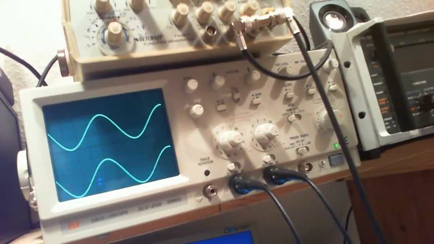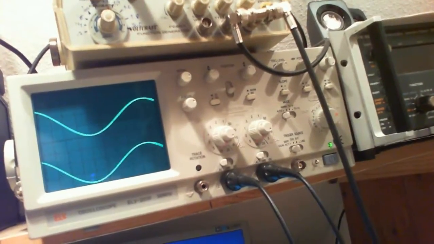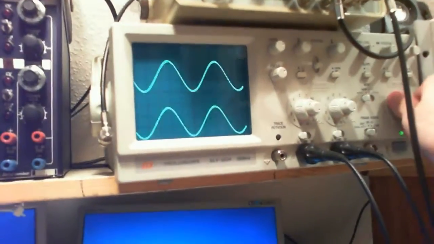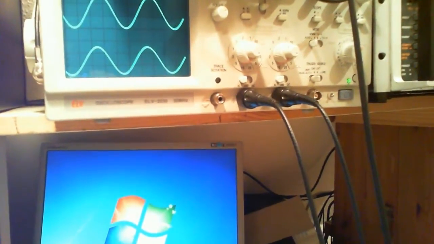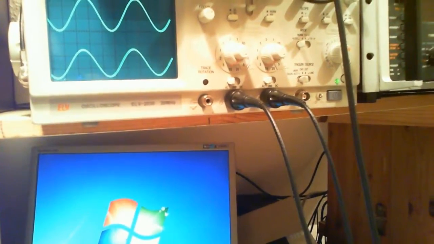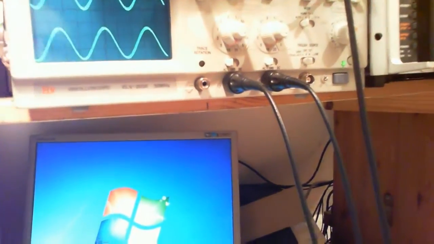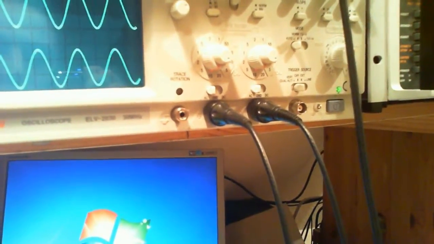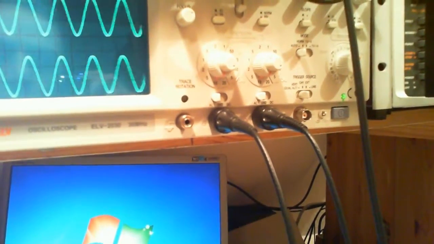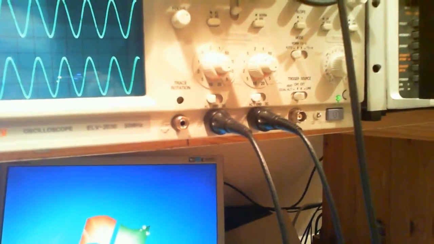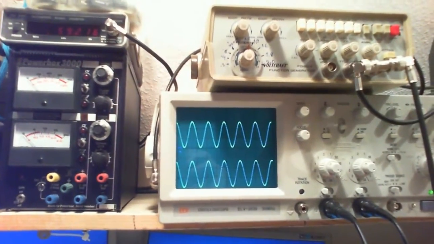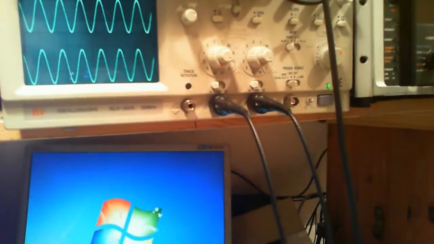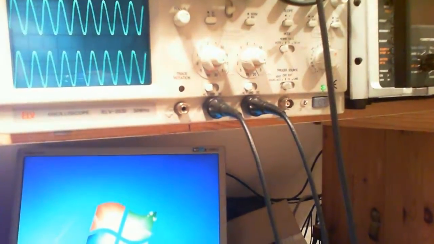If I go down a little bit, they are still kind of the same, though not exactly. Now it's increasing, and I'm at around 59, 60 kilohertz, and it's still increasing.